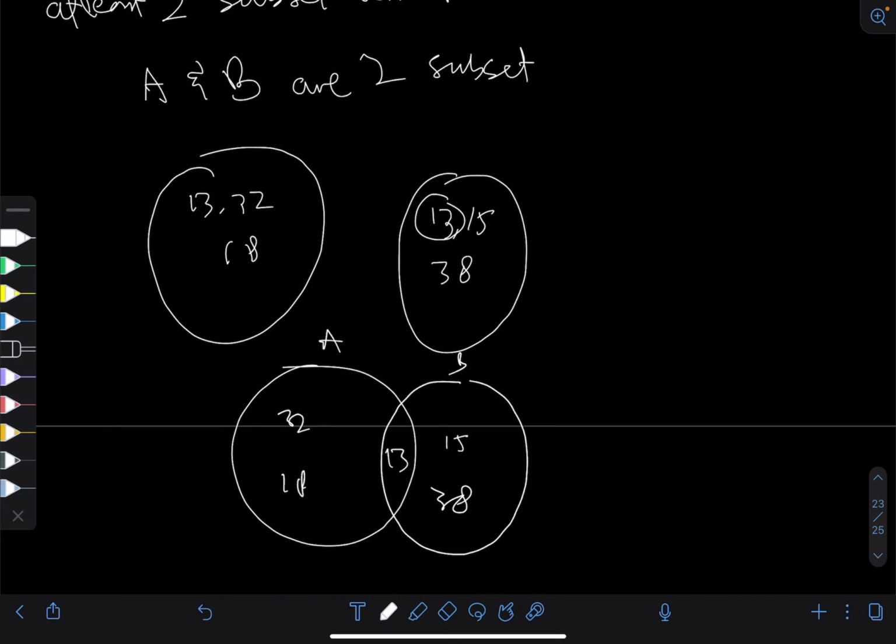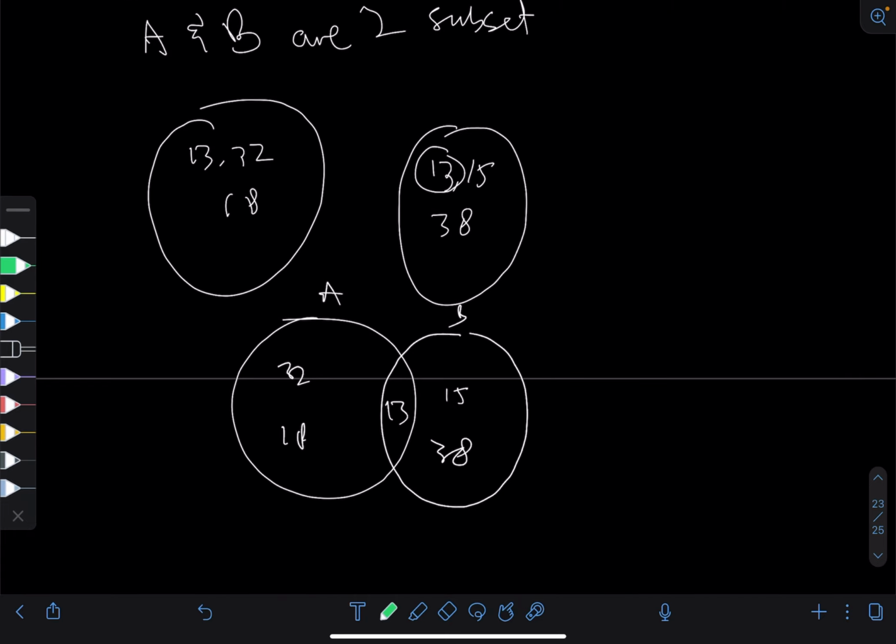But we can notice that since this has the sum S and this has the sum S, if we take away what's common between the two, let's say S minus 13 and S minus 13, we end up with two different sets which are disjoint and have a sum of S minus 13.